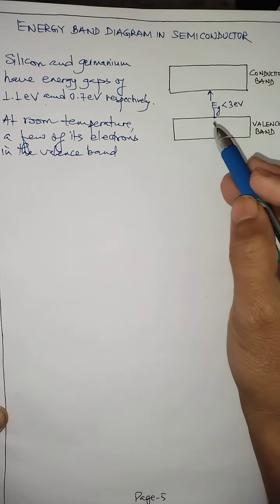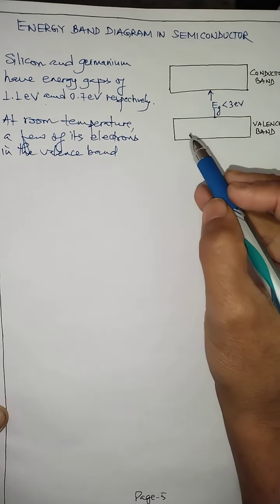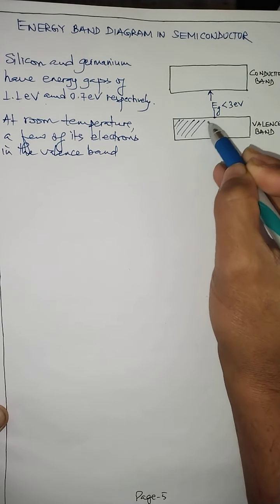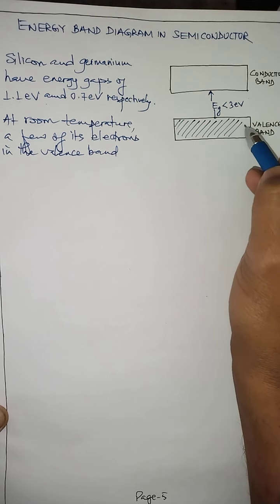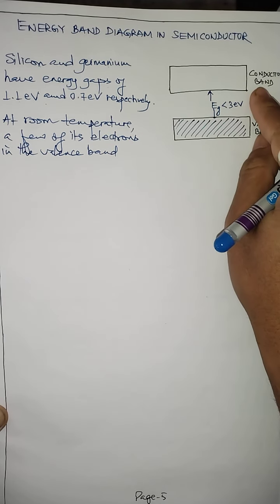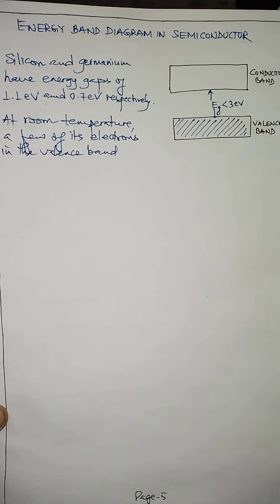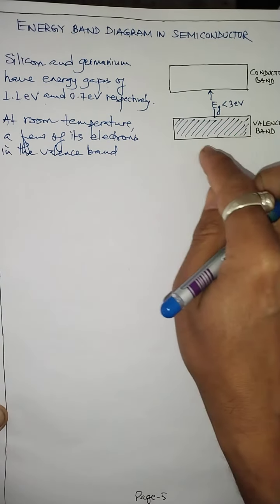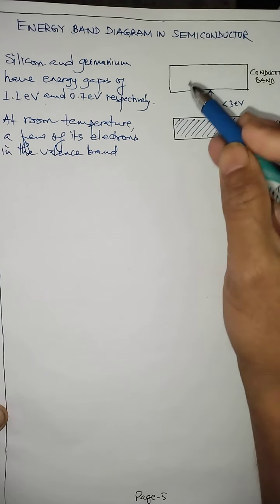And normally at a very low temperature, the valence band of the semiconductor is completely filled, whereas the conduction band is empty. So when the semiconductor is at a temperature less than room temperature, the valence band is completely filled, whereas the conduction band is empty.